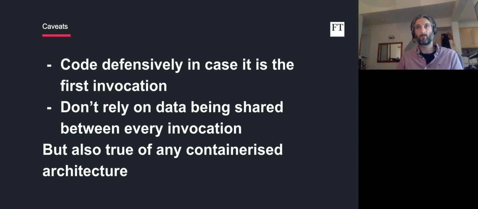And also, if you've got multiple worker containers running lots of copies of your function, the data won't be shared between those different workers. But that sort of thing is true of any containerized architecture, anything where you scale horizontally. So it's not really a special caveat for Lambda.